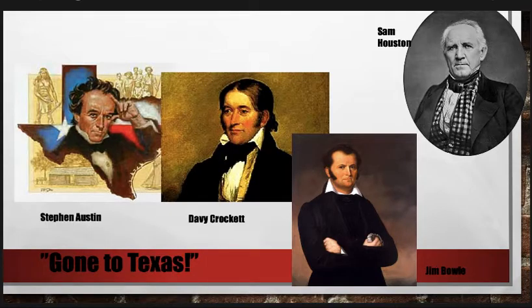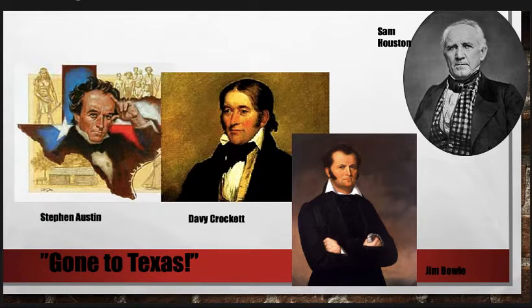So, when Santa Anna, after several years of this going on, finds out what is happening in Texas, he has Stephen F. Austin arrested and thrown into a Mexican jail in Mexico City. And in retaliation for this, he wants to try to force Mexican culture upon these Texan Americans.